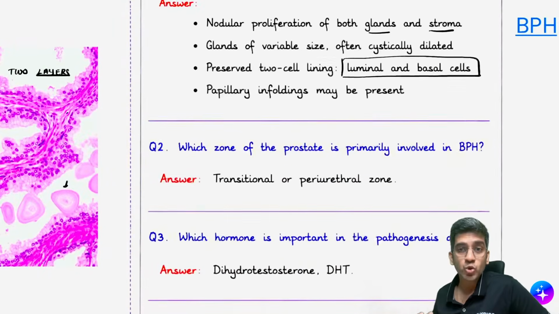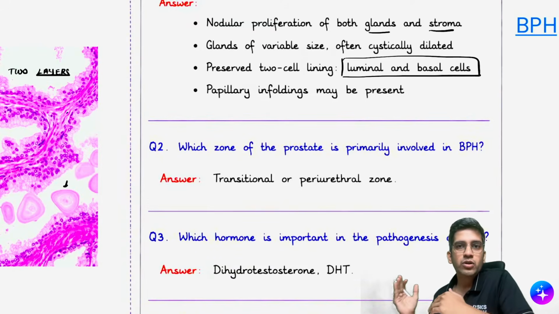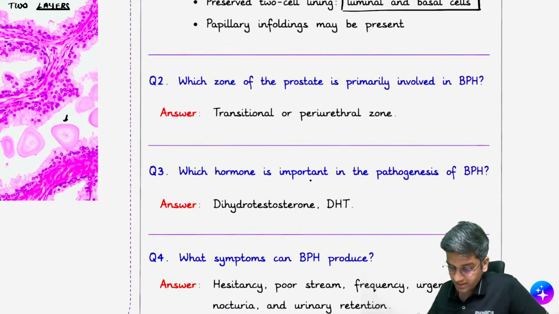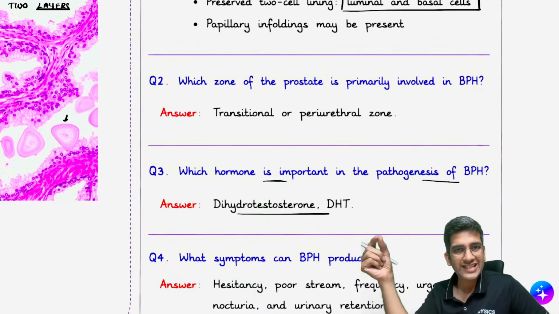The most common zone is the transitional zone. Prostate has the peripheral zone, and close to the urethra a transitional zone. The transitional zone is where BPH is very common, or we call it the periurethral zone, right? And the most important cause of BPH is dihydrotestosterone. Testosterone gets converted to DHT.